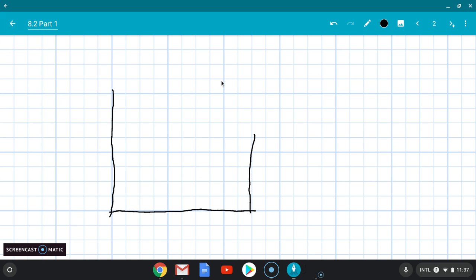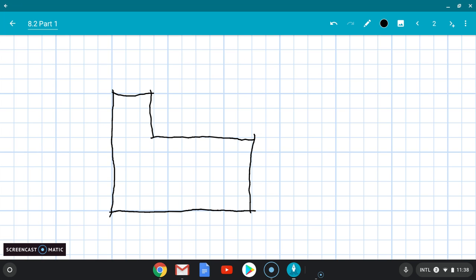That's better. You can see how basically this composite figure is a rectangle with a square attached to it. Rectangle and a square. Not perfectly drawn, but again, finger on a touchscreen.